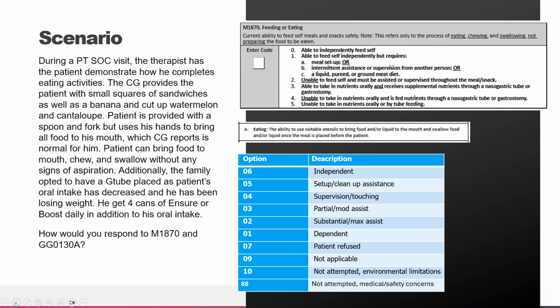Patient can bring food to his mouth, chew and swallow without any signs of aspiration. Additionally, the family opted to have a G-tube placed as the patient's oral intake has decreased and he's been losing weight. So in addition to his oral intake, he also gets 4 cans of Ensure or Boost daily. How would you respond to M1870 and GG0130A?